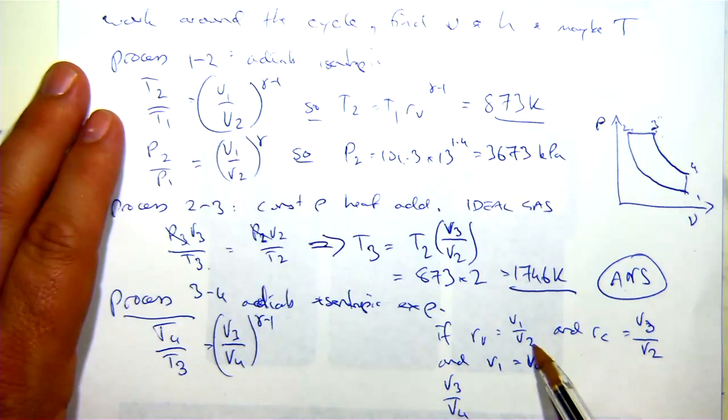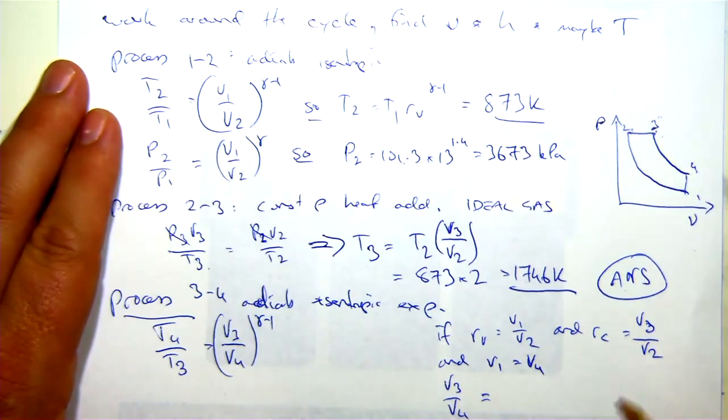You with me there? Yep. So what I'd like to have then is V3 on V2 times, what do I cancel out with? V2 on V4. If I can cancel my 2's here, I'll get this number, which is to say RC on RV.